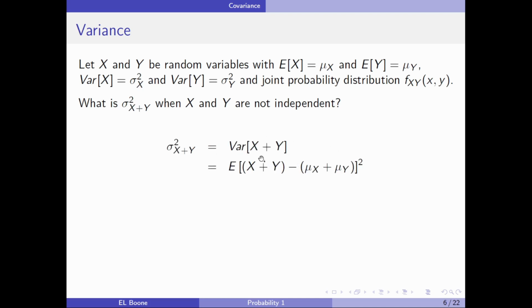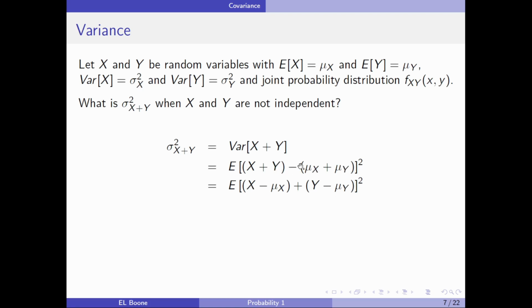So we're going to say, well, what is this? Well, it's the variance, right? And that would be this squared. So we have here x plus y minus the quantity mu x plus mu y, which is the expected value of this bit. If I rearrange things, I'm just going to move the mu over, it has a minus sign in front of it, and move the y into this.